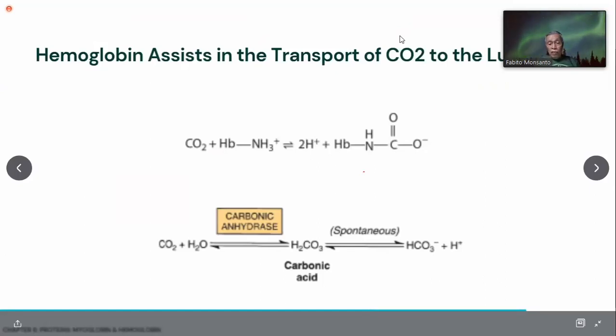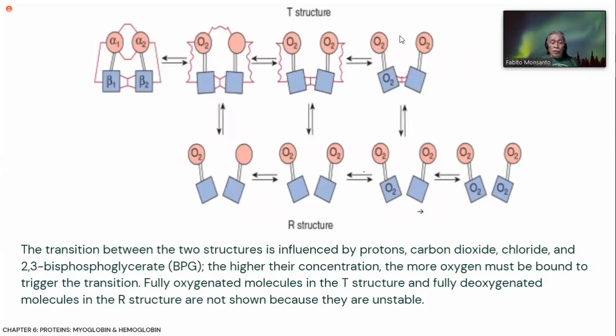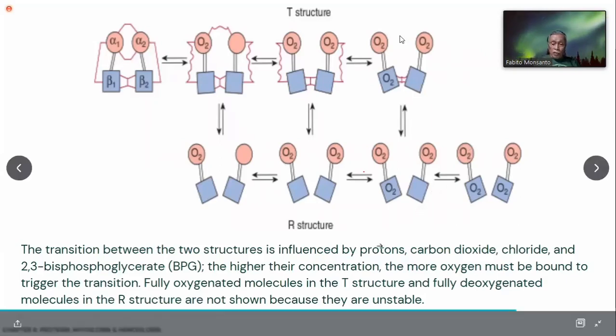So the transition between 2 structures is influenced by protons, carbon dioxide, chloride, and 2,3-BPG. Protons. When there is an increase of protons, will the pH go up or go down?